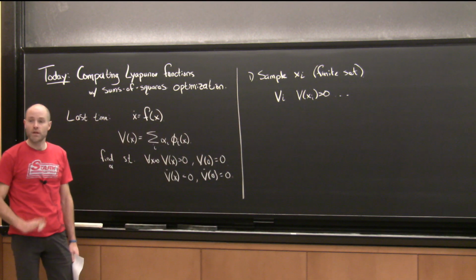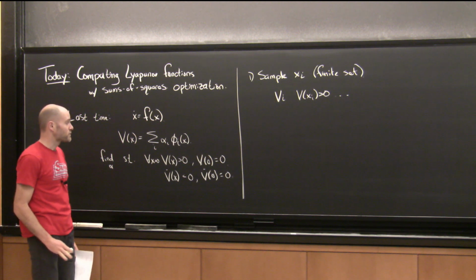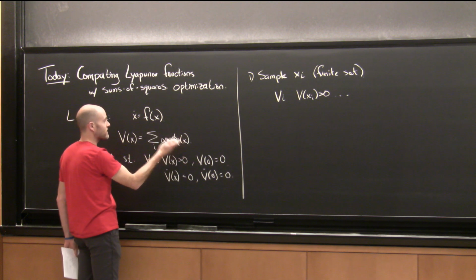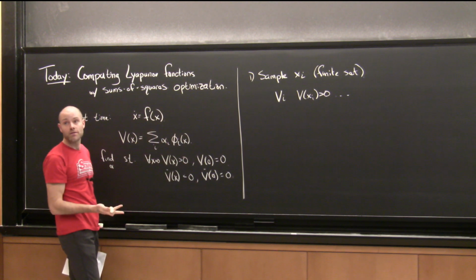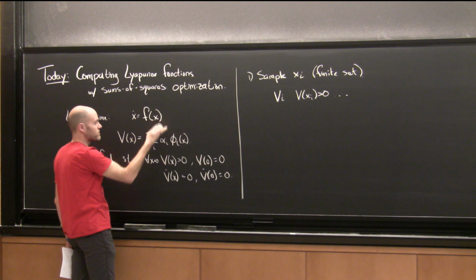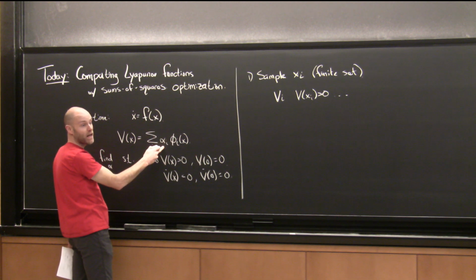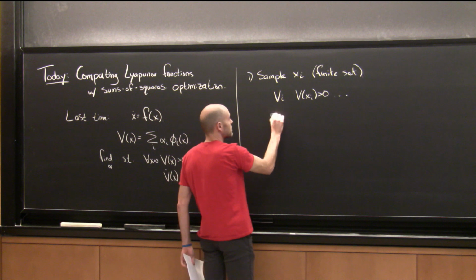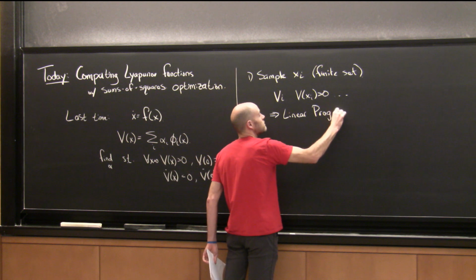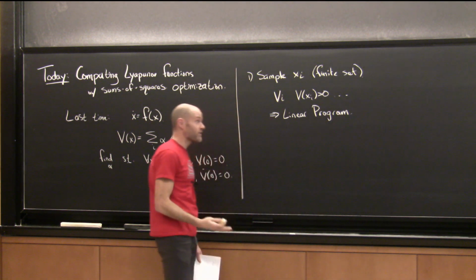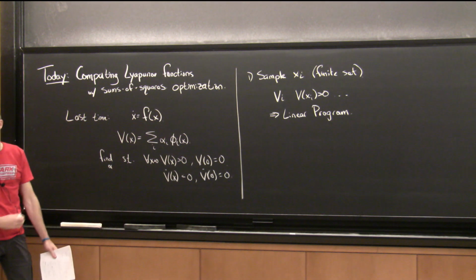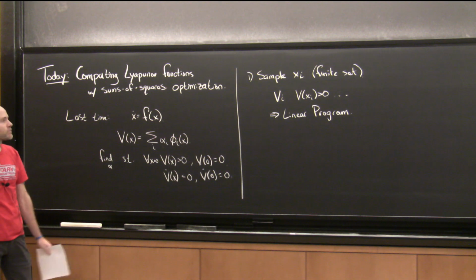That was really nice for a number of reasons, because once I insert x into these things, everything that was nonlinear just becomes a number, right? And so we're left with a bunch of numbers multiplied in a linear way by alpha. So the result of that was a linear program, which is a convex optimization problem. It's got constraints, but we have really good solvers for linear programs, and they scale really well.